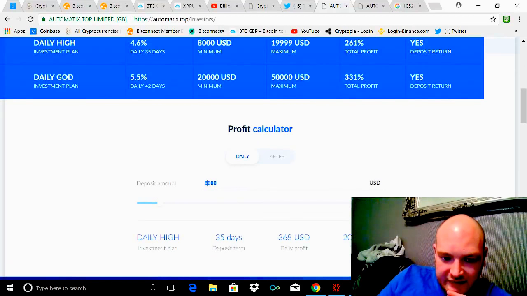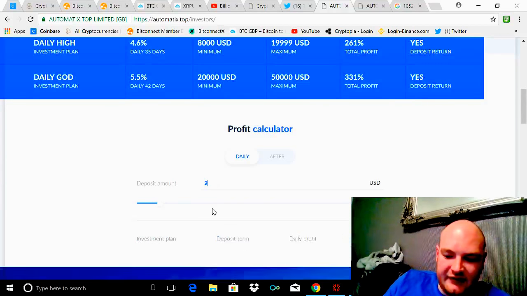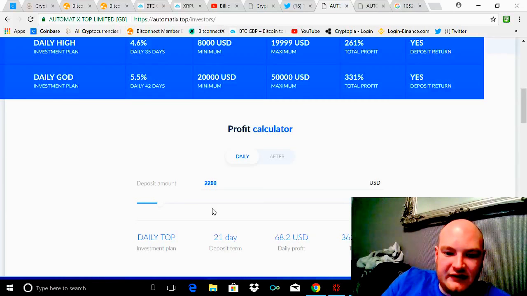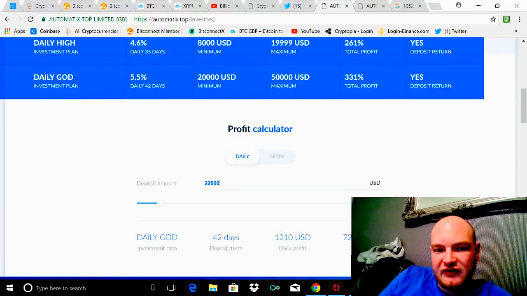And after the 5 weeks, with my reinvestments, I'm guessing it'll be round about $22,000. So that would be the maximum interest you can get at 5.5% over the 6 weeks.